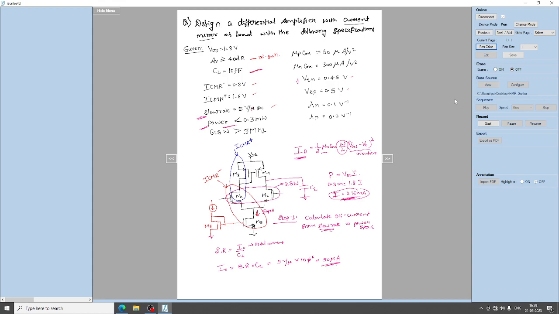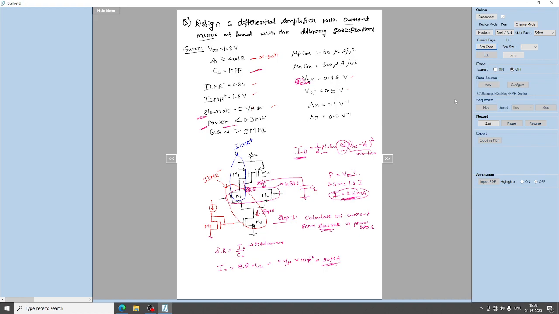This will be shared across two branches, which flow through M3, M1 and through M4, M2. It will be equally shared, so 25 microamps in this branch and 25 microamps in this branch.